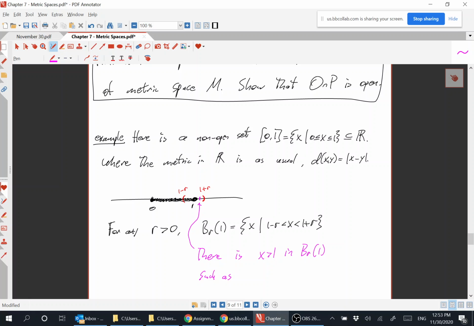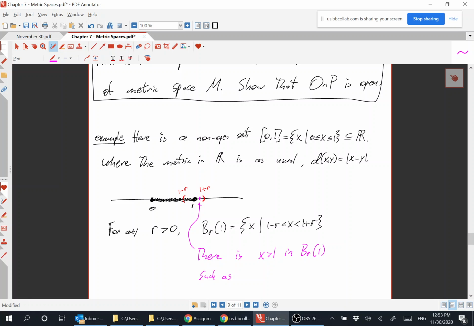So what number would be there where that arrow is pointing? And r can be really, really tiny, smaller than the Planck constant. But it's still positive. So what number is positive but still less than r?